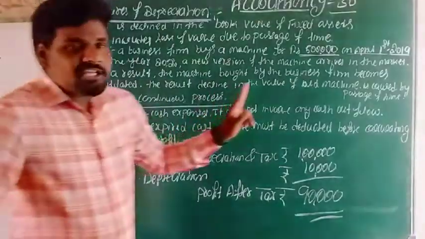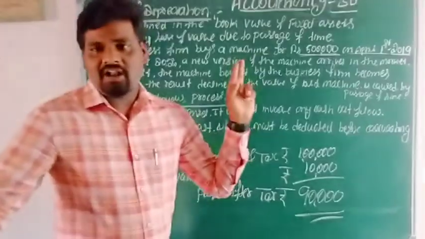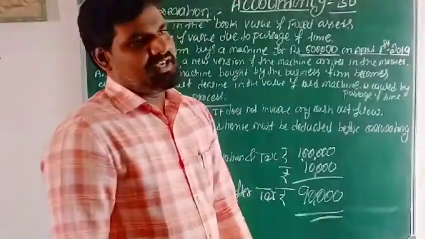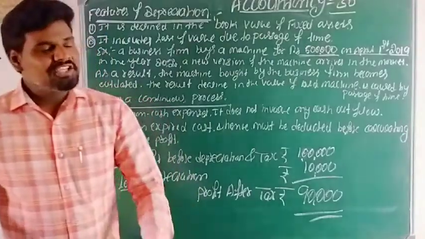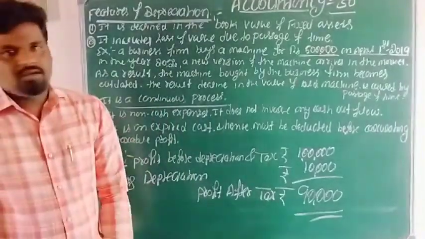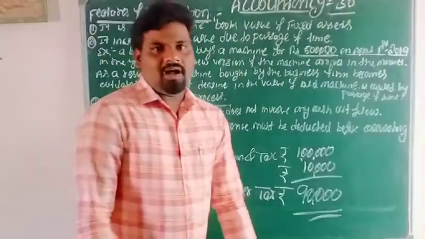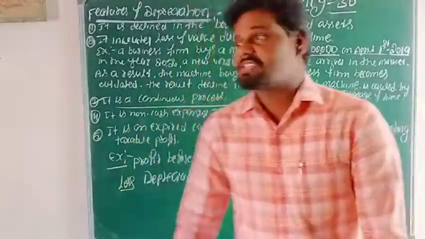It is a continuous process. When we are using the asset year after year, we must charge the depreciation. For charging depreciation, we have different methods, whether on the basis of the rules and regulations of the business.